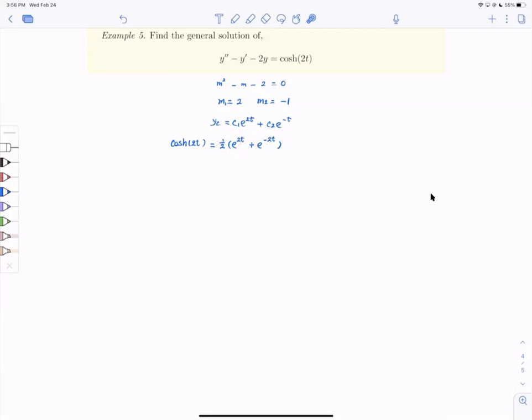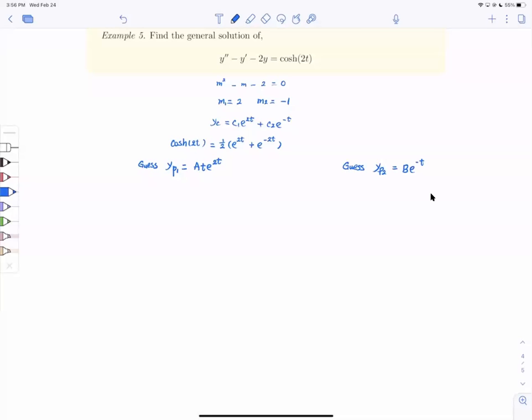I'm going to guess yp1 equals a t e to the 2t. Then I use yp1, solve it, and then I'll guess yp2. Because it's addition, I can do that. yp2 equals b e to the negative 2t. Oh, negative t. Okay, I can do that because it's addition.